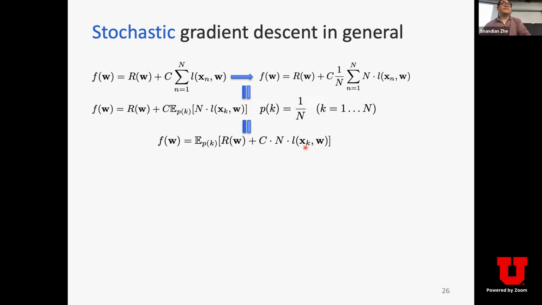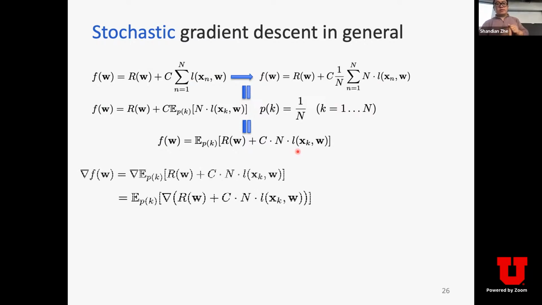So now we actually have a new viewpoint of the objective function. The original objective function can be viewed as an expectation of some random objective. The randomness comes from, okay, I want to randomly pick up a data point from my data set and compute the loss.